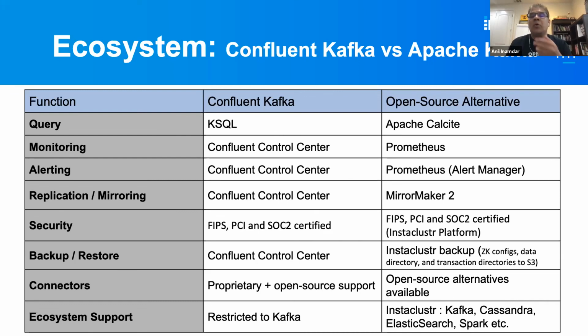There are several open source connectors available. For monitoring and alerting, we can use Prometheus. So for every proprietary component of Confluent Kafka, there is an equivalent open source alternative available. That also makes the use of the open source and the ecosystem very strong.